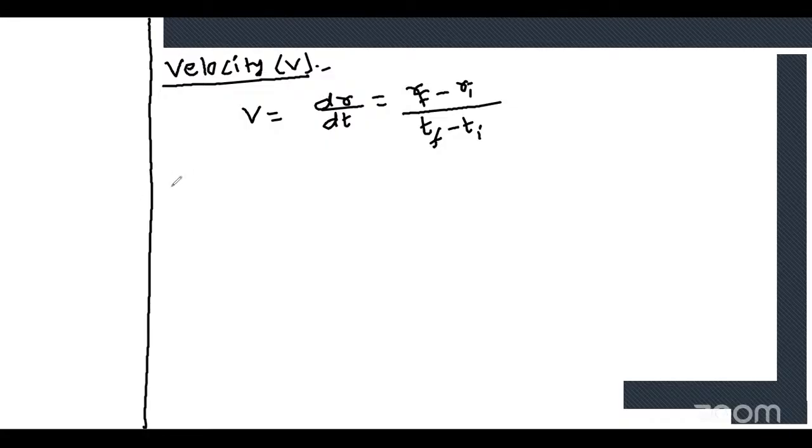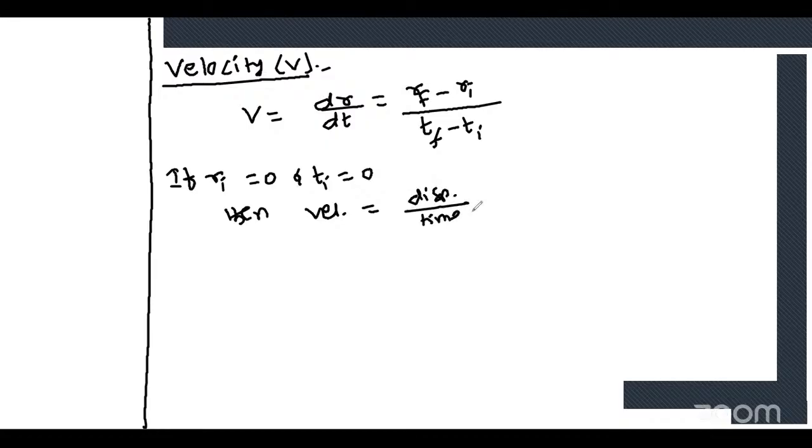If initial position is equal to 0 and initial time equal to 0, then I can say velocity equals displacement by time. Only in this case can we say this. This is an exceptional case. Every time we'll say it is rate of change of displacement only.